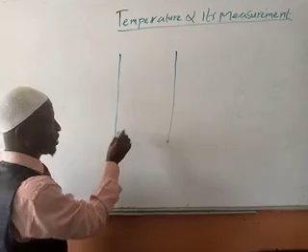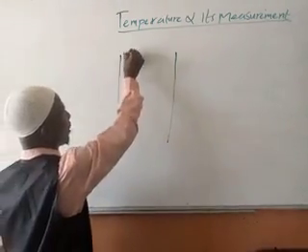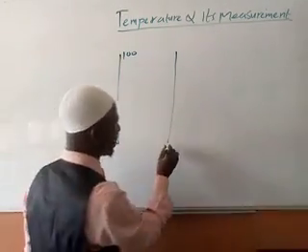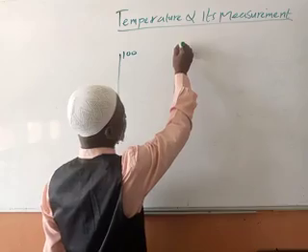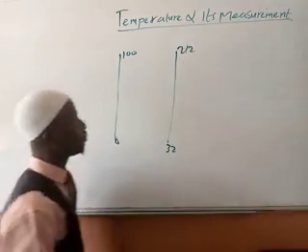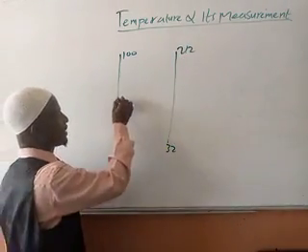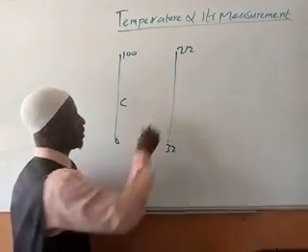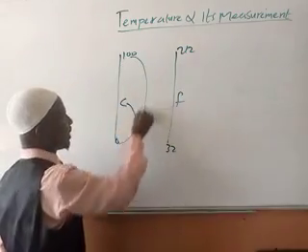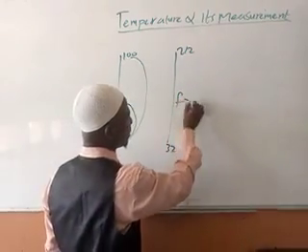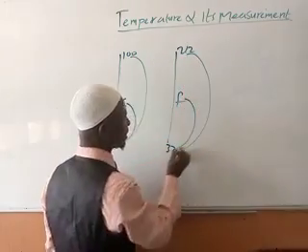For Celsius, we have 0 and 100. For Fahrenheit, we have 32 and then 212. Let's say this one is C that we are looking for, and this one is F. So it will be this minus this over this minus this is equal to this minus this over this minus this.